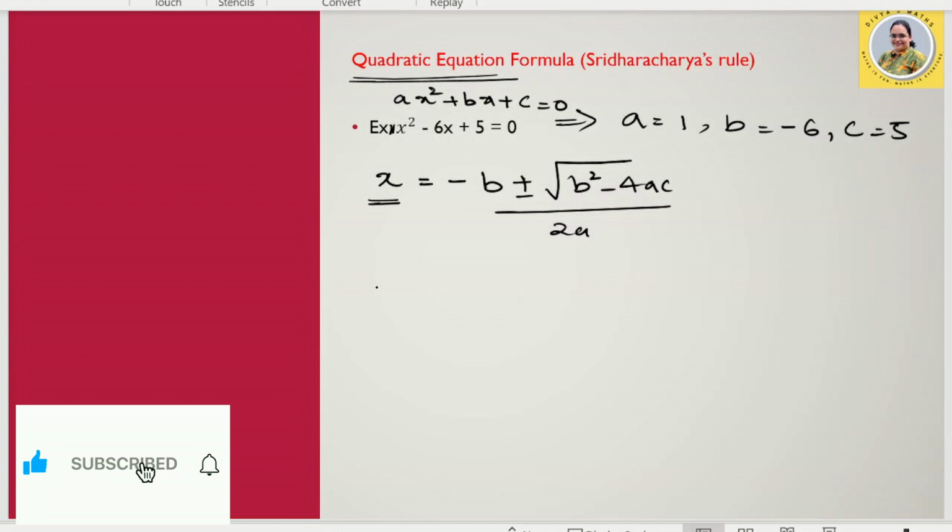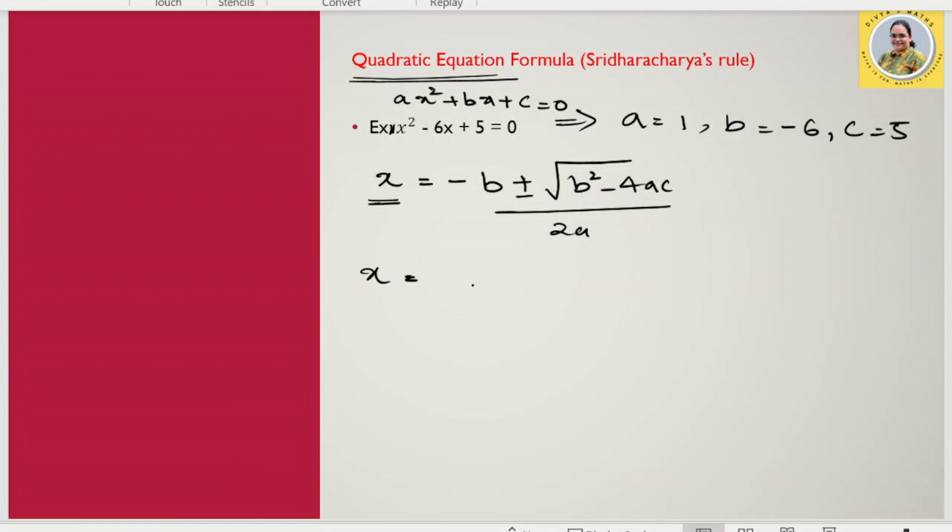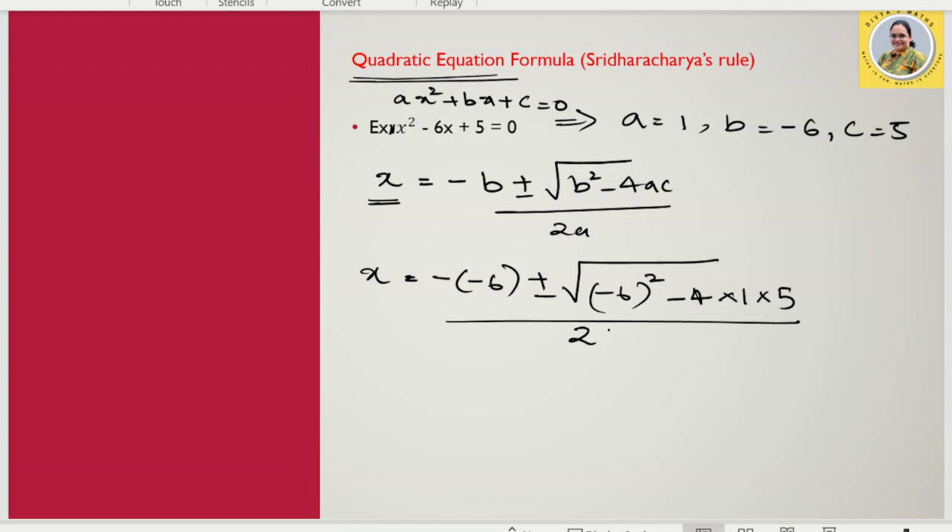Now let us substitute in this. What is the b value? b value is minus 6. So minus of minus 6 plus or minus root of b², which is (minus 6) whole square, minus 4 into a, which is 1, into c, which is 5, by 2 into a, which is 1. Okay.